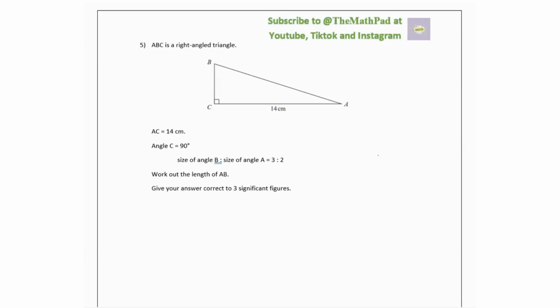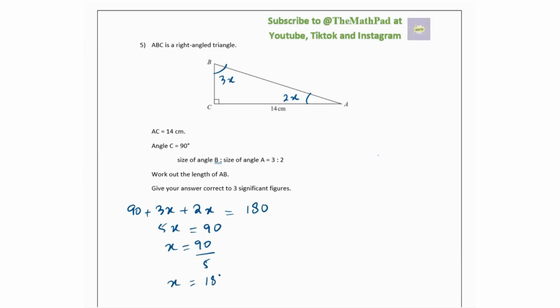So if we say that this is 3x, this can be 2x. Okay, so if this is 90, we can find x by doing 90 plus 3x plus 2x equals 180. 5x equals 90, and x equals 90 divided by 5, which equals 18 degrees.